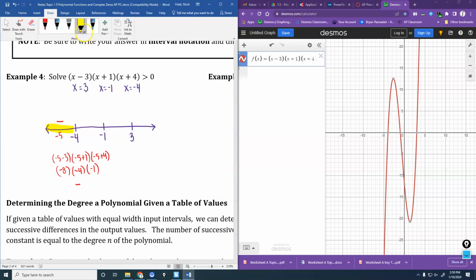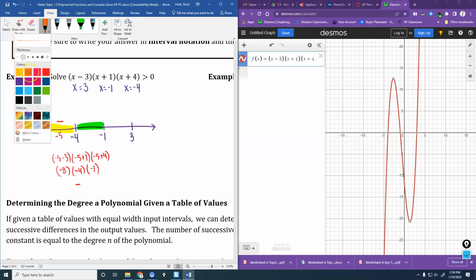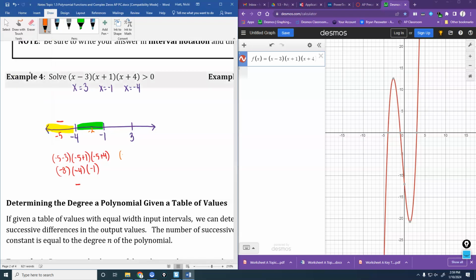Next, I'm going to look at this next section. I'm going to pick a number between -4 and -1. A good one would be maybe -3 or -2. Let's do -2. Plugging in -2, I've got -2 minus 3 times -2 plus 1 times -2 plus 4, so that's -5 times -1 times +2.